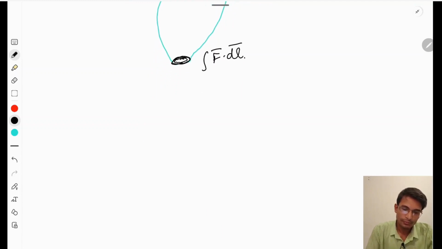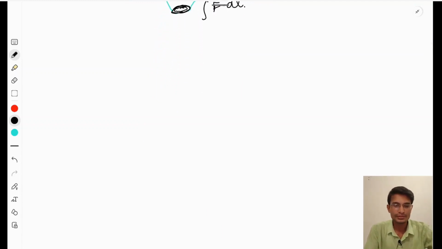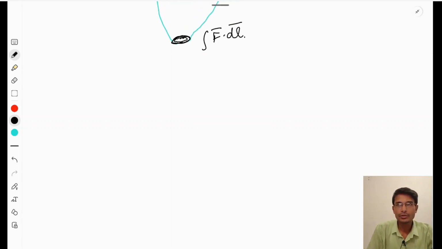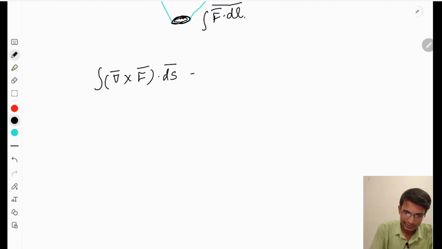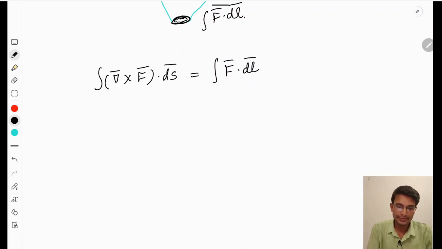Okay, so now that we have discussed the Stokes theorem, let's see how we can obtain the integral form of the third Maxwell's equation from its differential form. So let's write down the Stokes theorem, which is the curl of any vector F over a surface S is equal to the line integral of that vector over the boundary of that surface.